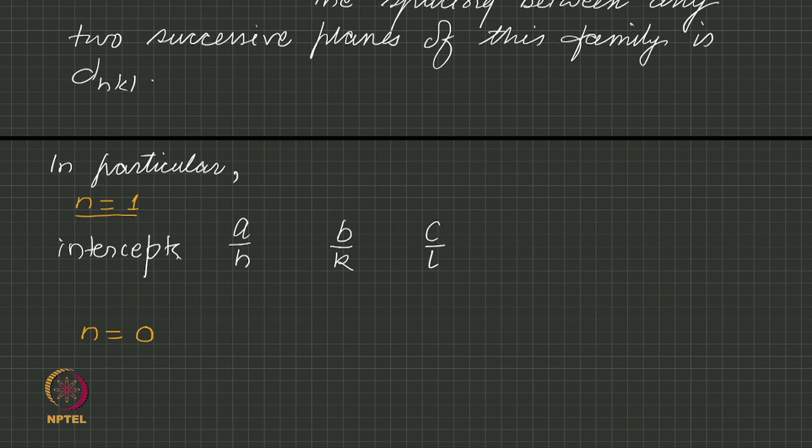So, if I have my axes, all I have to do is make a plane with x axis intercept as A by H, y axis intercept as B by K, and z axis intercept as C by L. So, I get a plane.